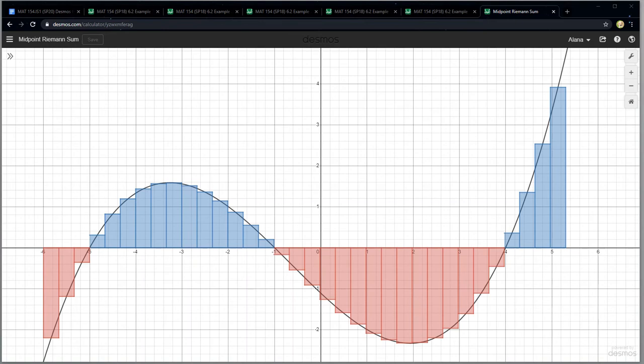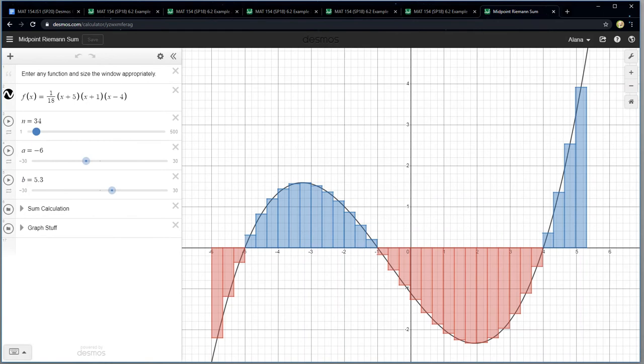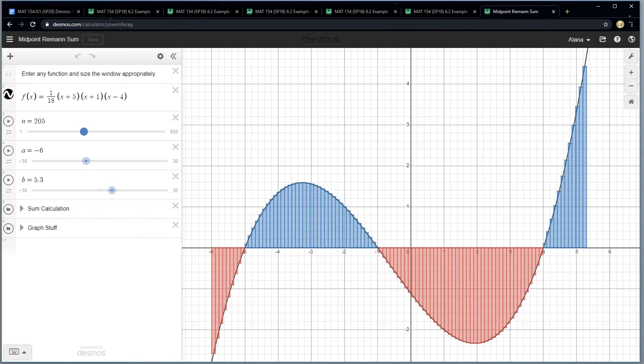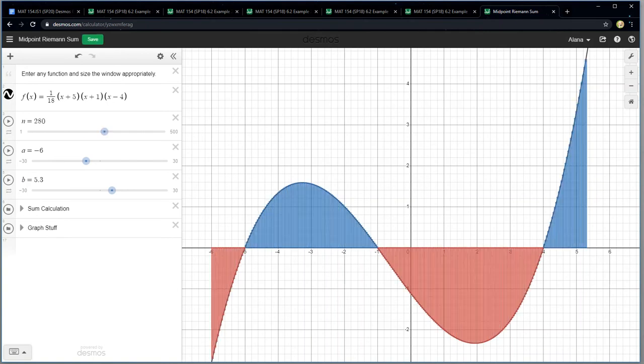And then basically you let the width of the rectangles get infinitely small, the number of rectangles goes to infinity. And lo and behold, the limit of the summation of those rectangles is the integral, right? So that's usually where integration comes from when you derive it in Calculus 1.